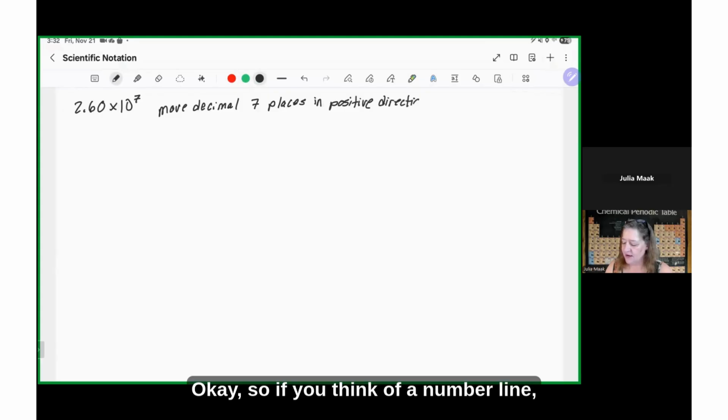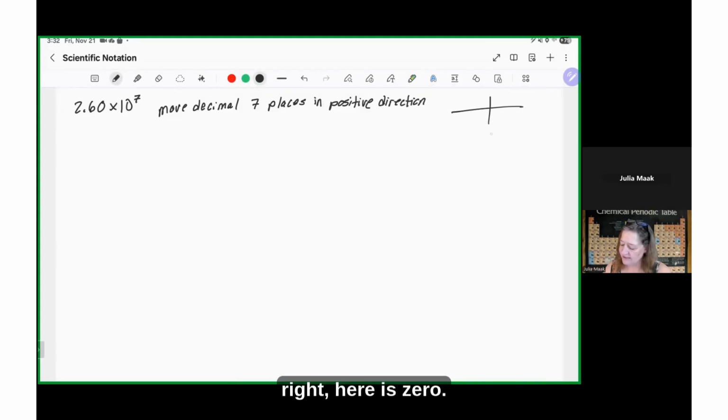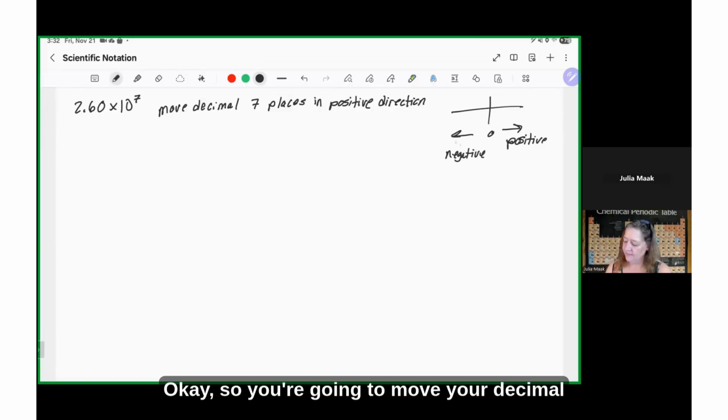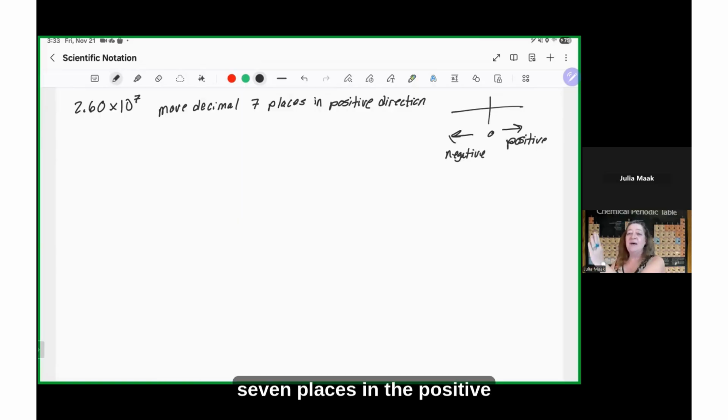If you think of a number line, here is 0. This is the positive direction, and this is the negative direction. So you're going to move your decimal 7 places in the positive direction to the right.